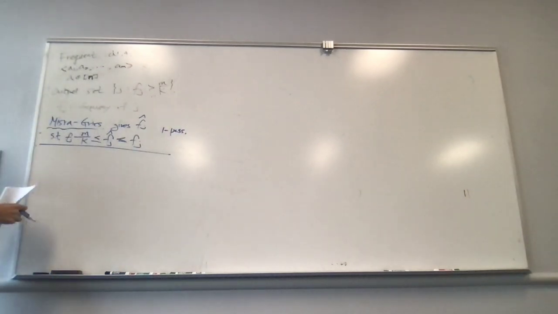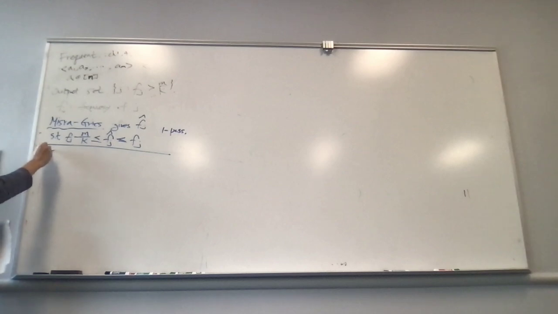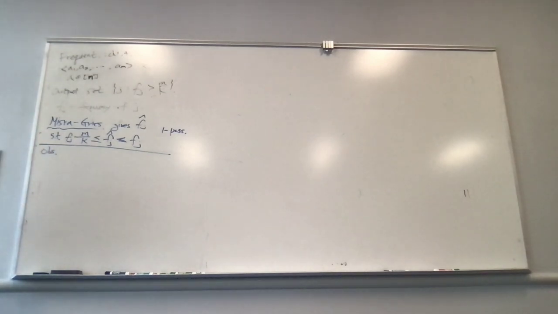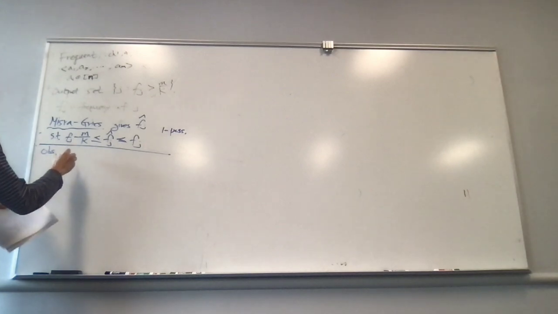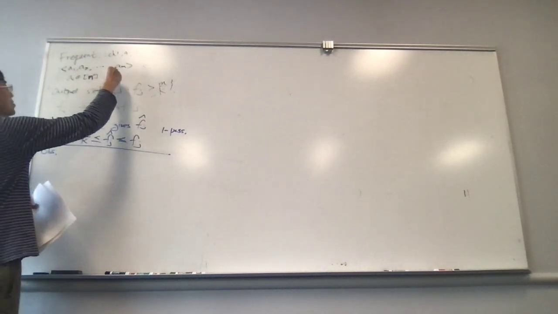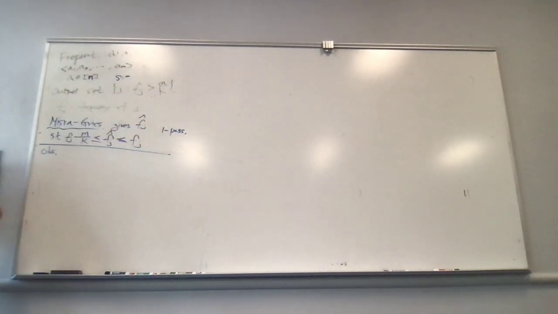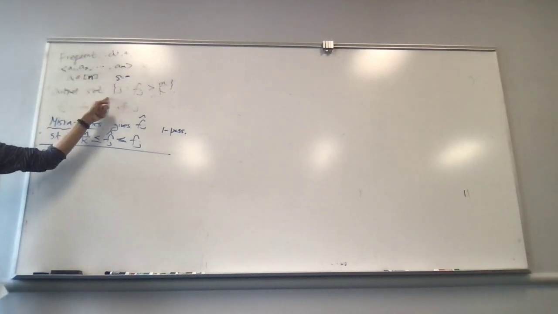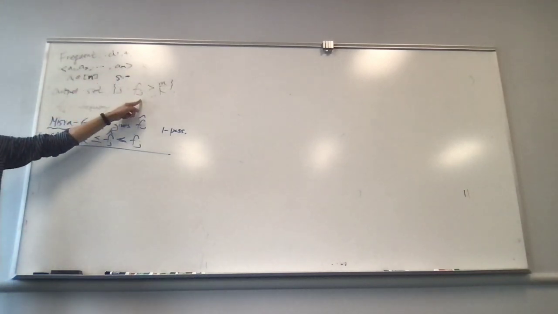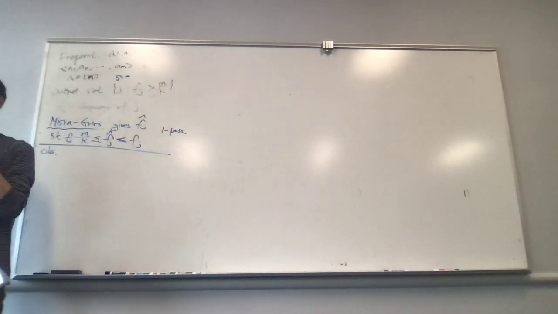But let's make some simple observations here. Let's define this set and call it S. These are the elements that appear many times, namely more than m over k times.